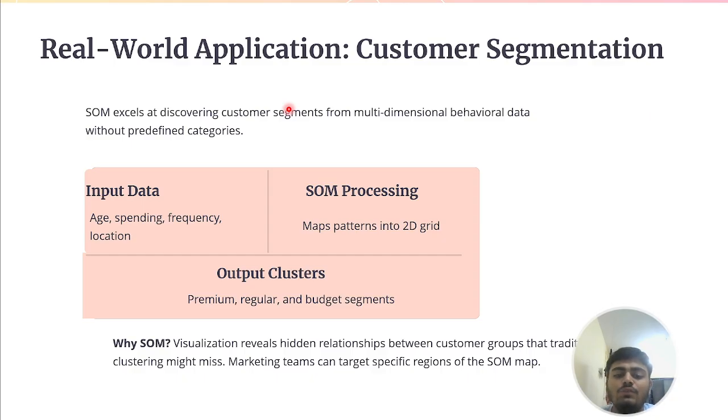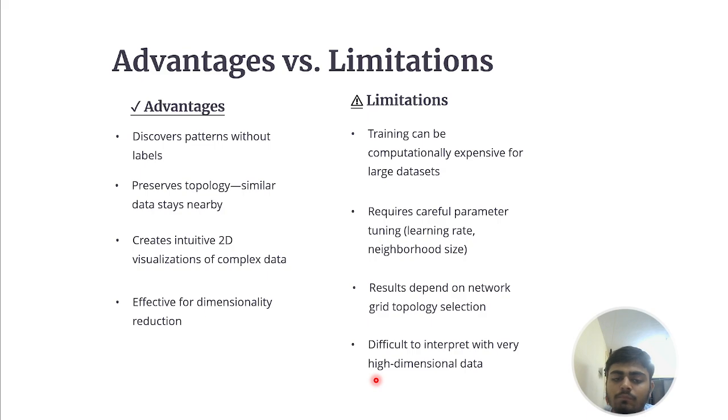The grid visually separates the customers into different segments like premium customers, regular customers, or budget customers. This is very helpful for the business because it reveals hidden relationships in customer behavior that normal clustering methods might miss. It allows the marketing team to target the right customer group more effectively.